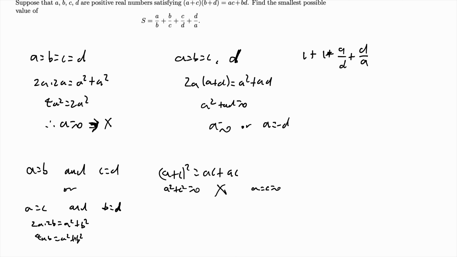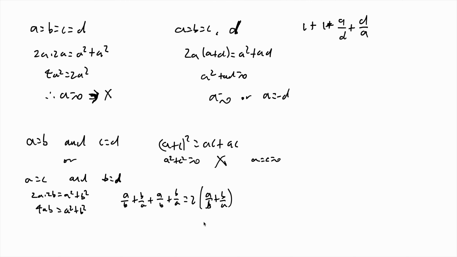Now, if this is true, then we're looking for the minimum value of A over B plus B over A plus A over B plus B over A, which is 2 times (A over B plus B over A).